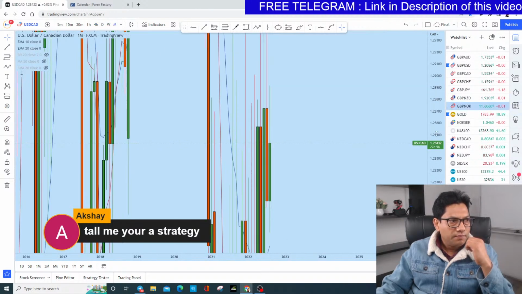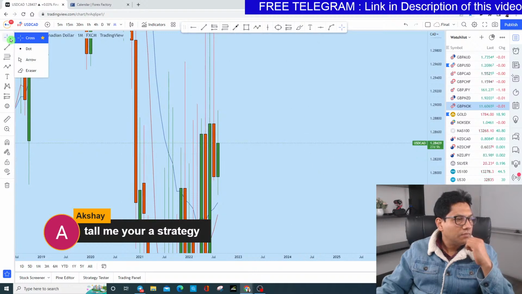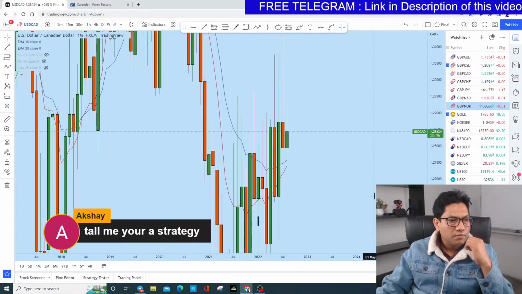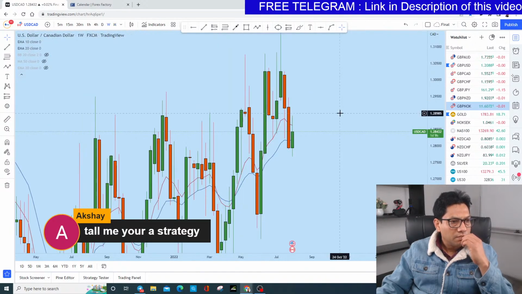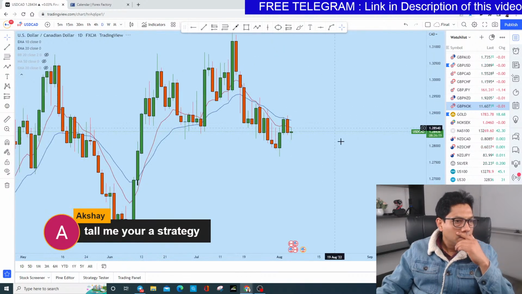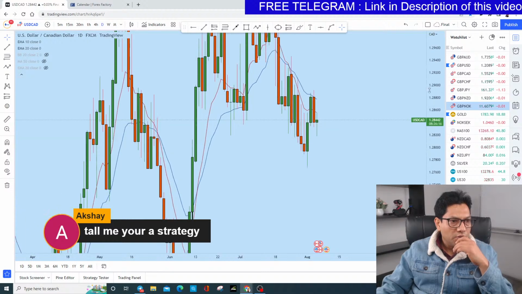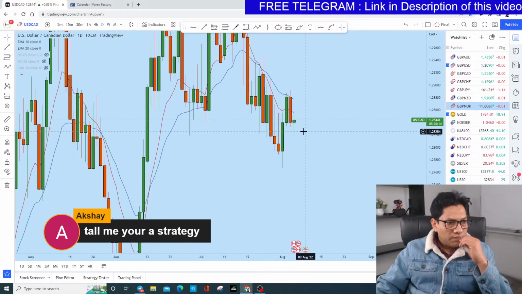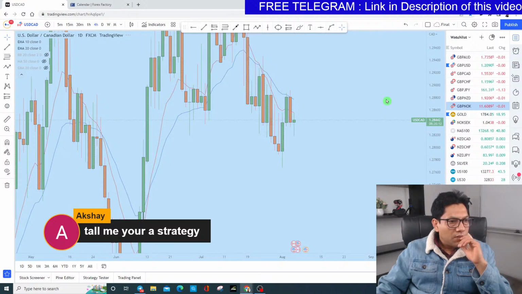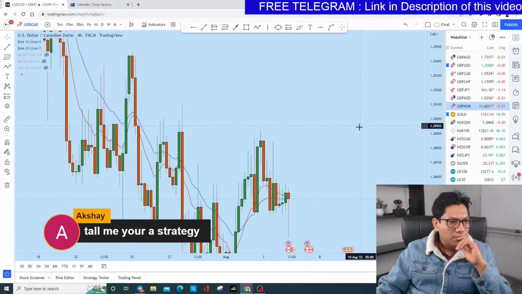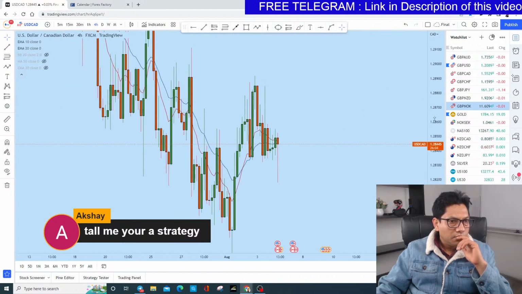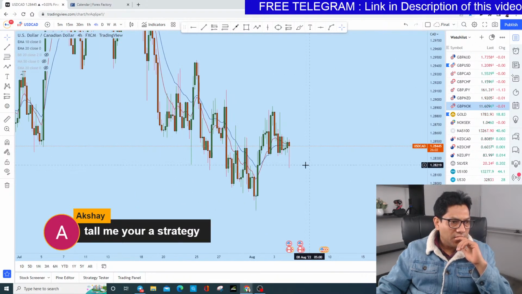Monthly. What I think USD CAD will do: you see where the price has formed.